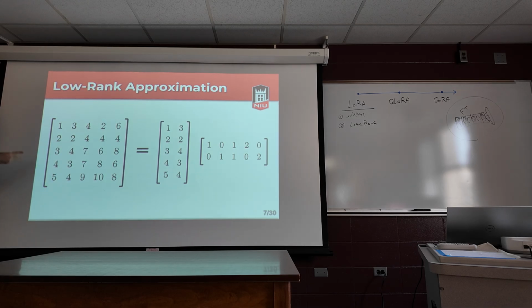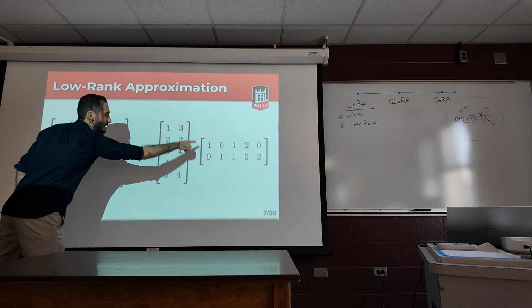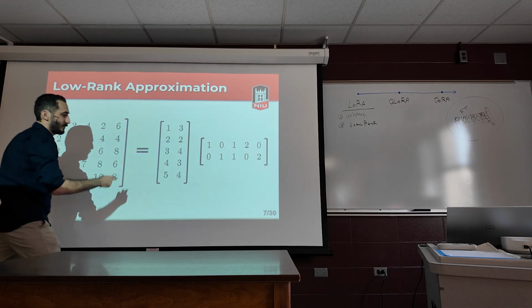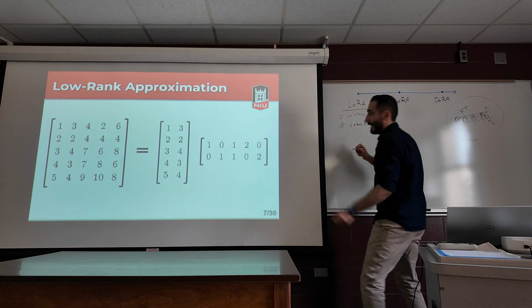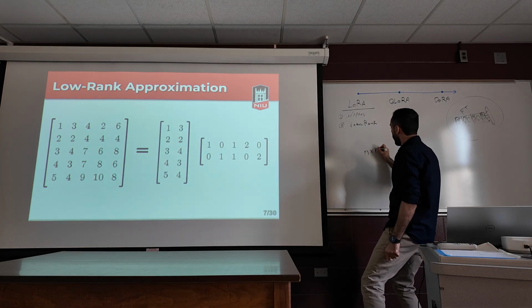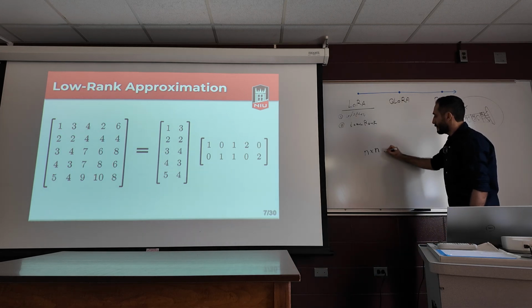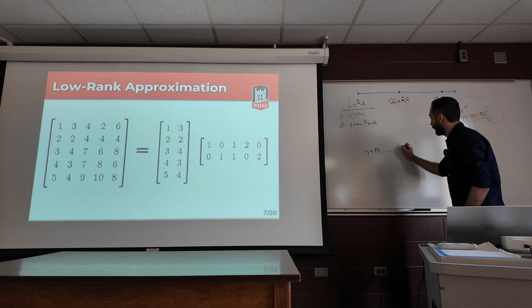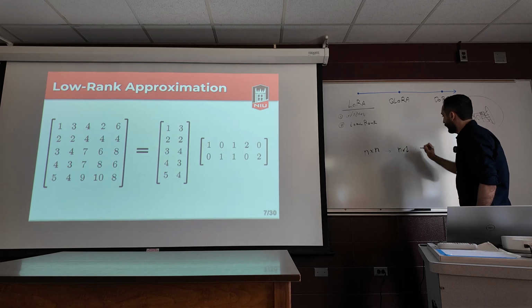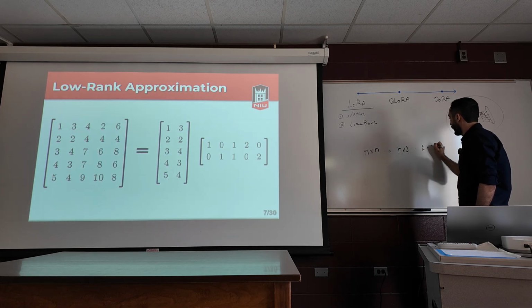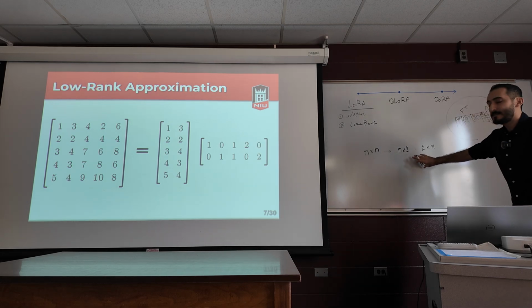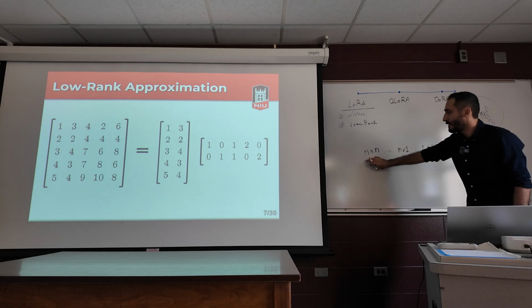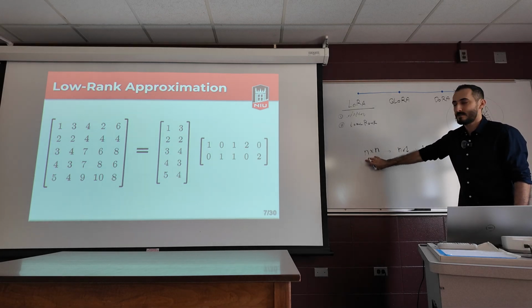We call this matrix low rank, rank 2, which means we can regenerate it using only this structure, 4 by 2 and 2 by 4. What's happening here? At the beginning we have an n by n matrix. Here we have an n by 2 multiplied by a 2 by n. That means you use fewer parameters to regenerate a similar structure.